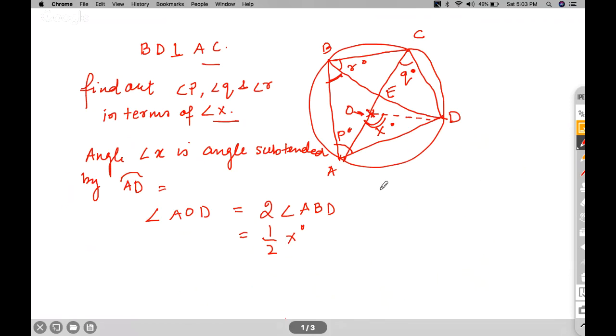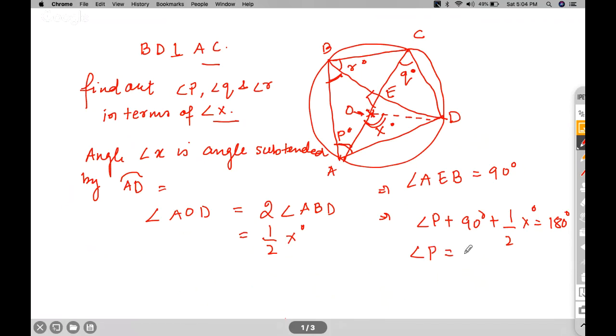Now try to understand if this is perpendicular, angle AEB would be equal to 90 degrees. So I know that this angle P plus this 90 degree plus this angle, which is half x, is equal to 180 degrees.